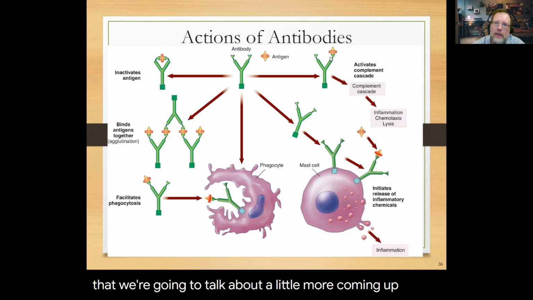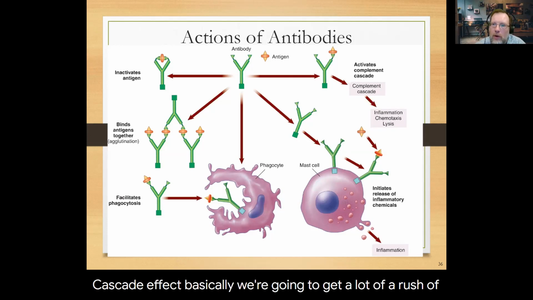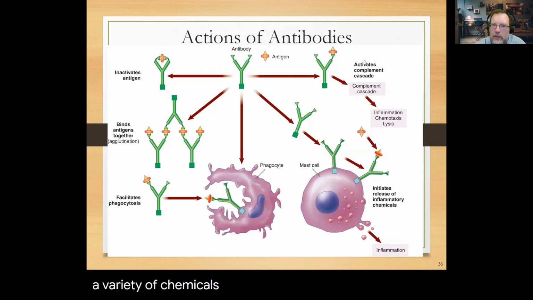Now, the last one up here is the one that we're going to talk about a little more coming up, the complement cascade. We mentioned that complement or that cascade effect. Basically, we're going to get a rush of a variety of chemicals. This is what can happen with COVID-19 after those 6 days of just kind of lingering.